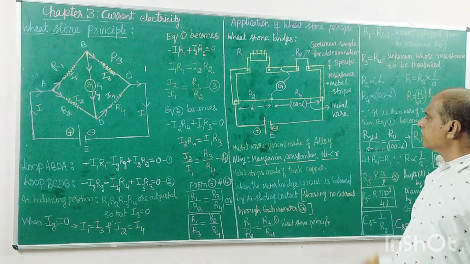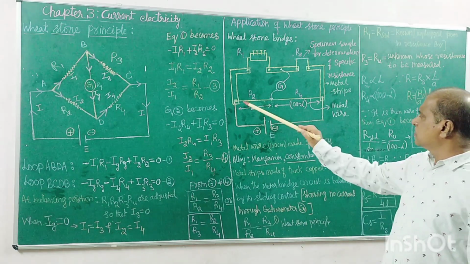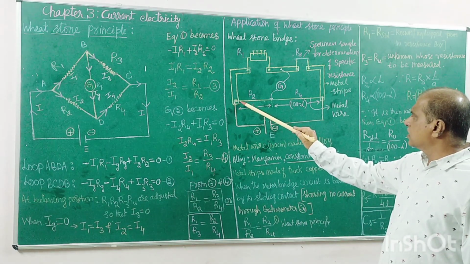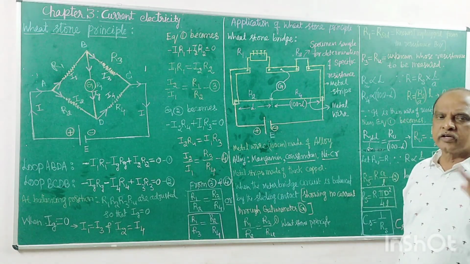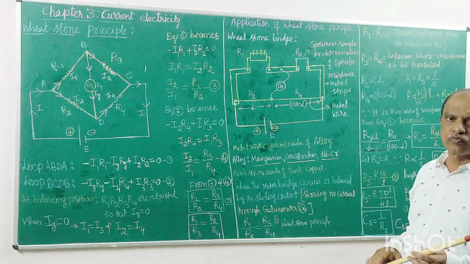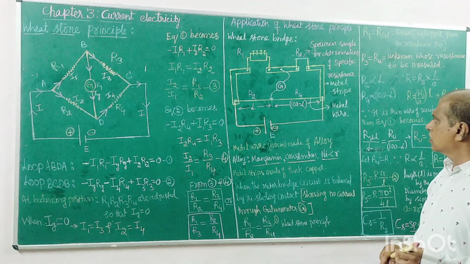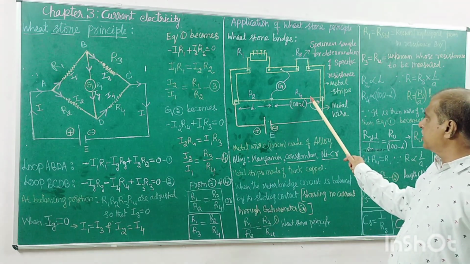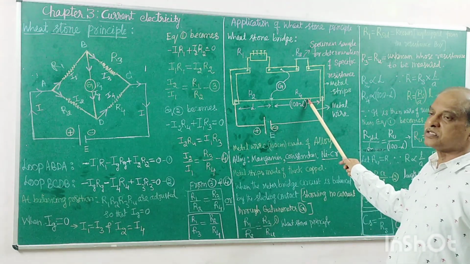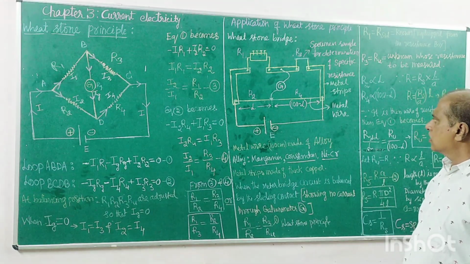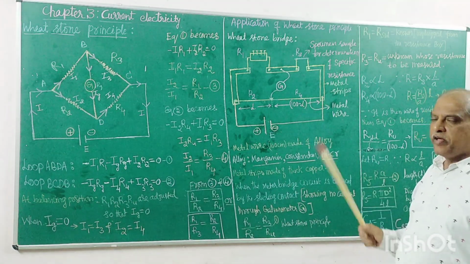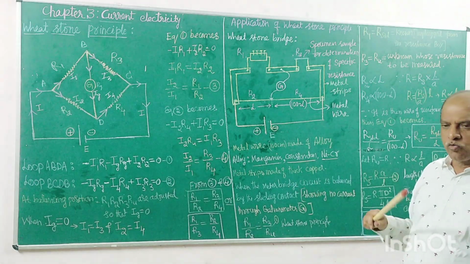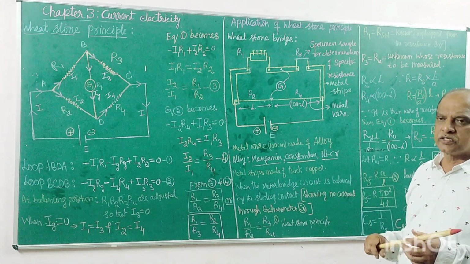And this wire should have 3 important characteristic properties. What are they? This material should have high resistance, 1 point, and this material should have very low thermal coefficient of resistance.